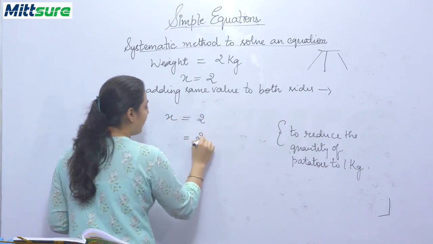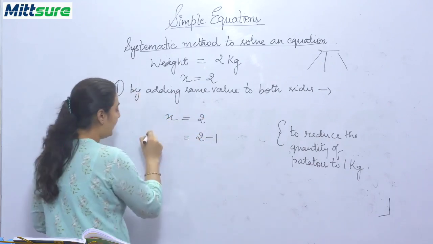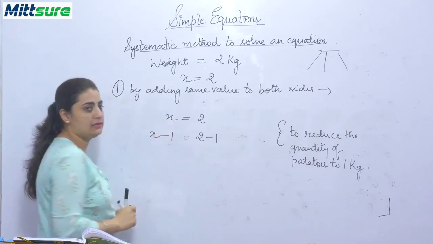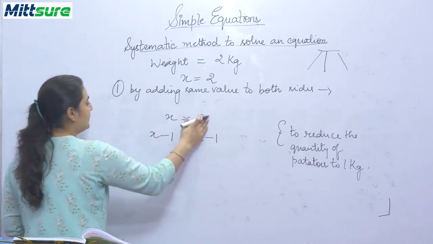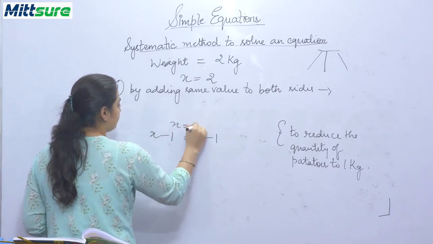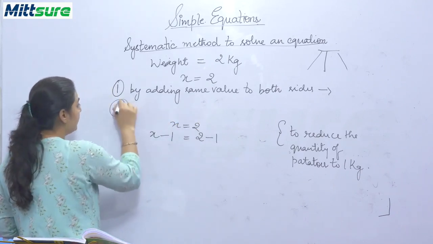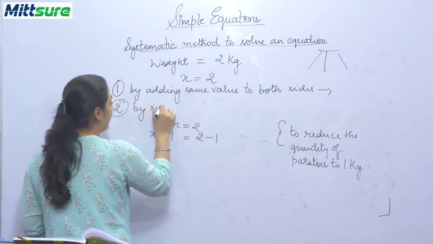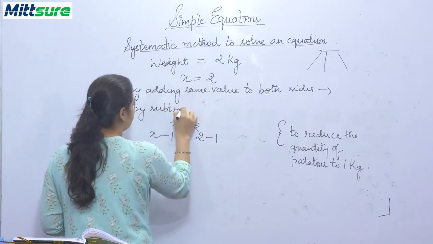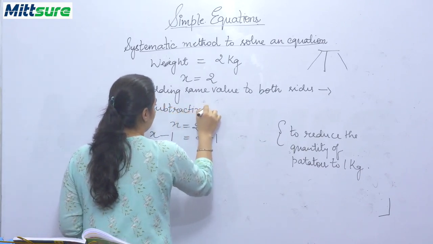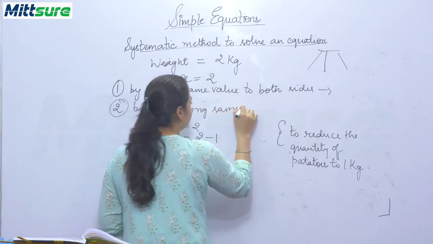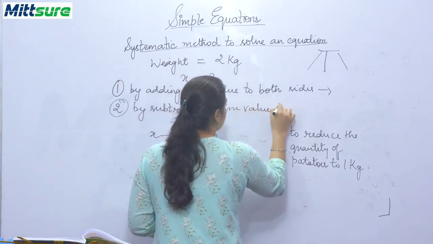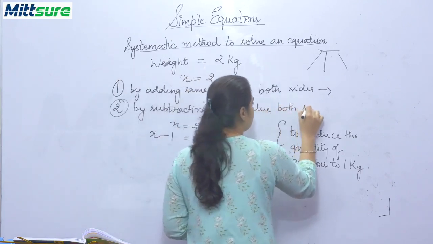If I am taking 1 from 2, I have to take away 1 from x also. So what is my second inference? The second inference, by subtracting the same value from both sides.